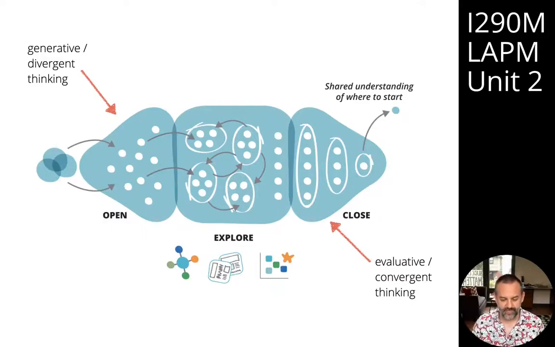So this kind of activity is very important because it's a way of getting everybody's ideas into the open and then discussing them and then evaluating them. So this process is crucial to discovery and to creating a shared understanding.